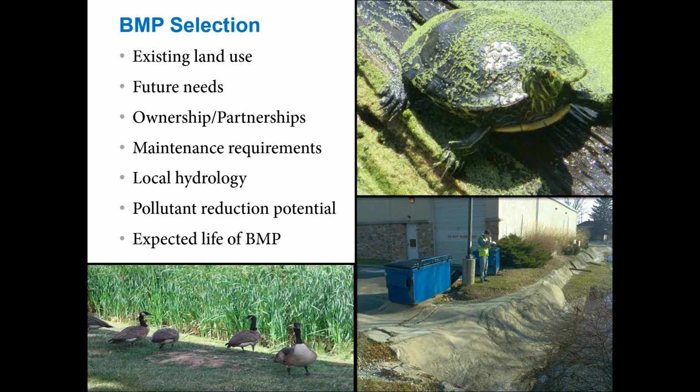Some of the things that you can look at to determine the best BMP are listed here. This is a list of criteria to evaluate on a site-specific basis the most suitable BMPs for different areas in your watershed. Today we're focusing on urban BMPs. In Pennsylvania, agricultural BMPs and management practices will also be important, but today we're specifically focusing on urban opportunities.